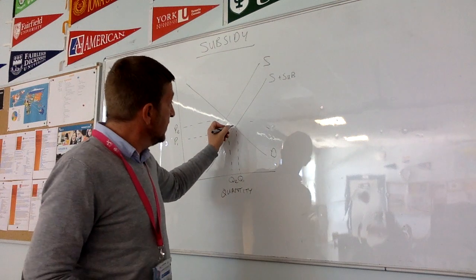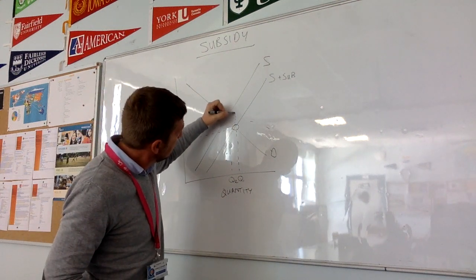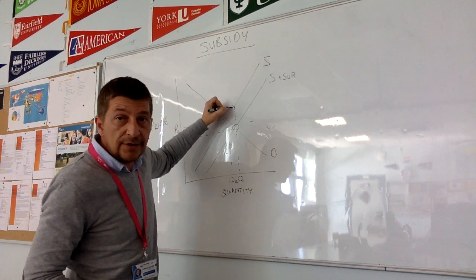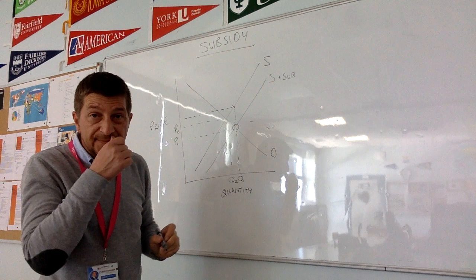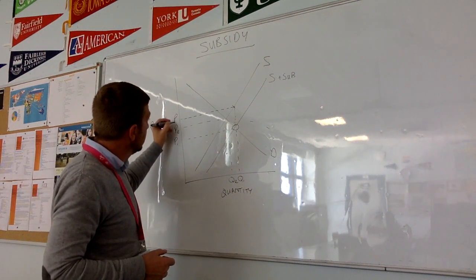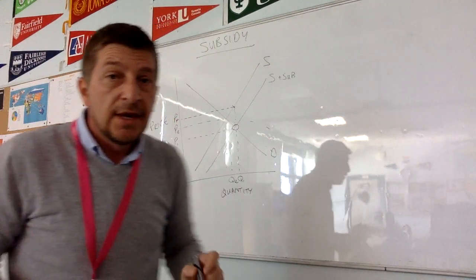So, if this is the equilibrium we're working at, let's add the subsidy there. It goes up to this point on the diagram, and then we go all the way across. Okay? Now, this is the price that the producer receives per unit. Now, let's take a look at this.